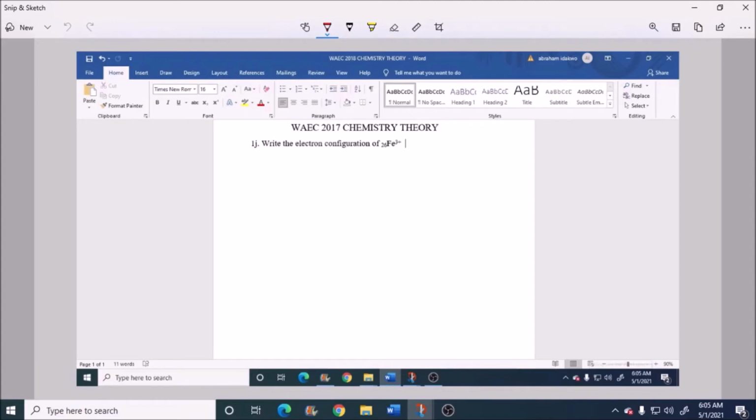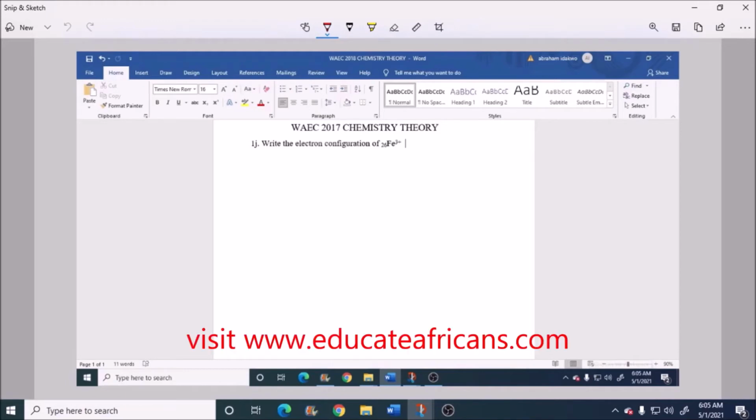Then we should know that here the Fe3+ we are having shows that this ion has lost part of its electrons, that is, it lost 3 electrons, which means the electron number will be 23.